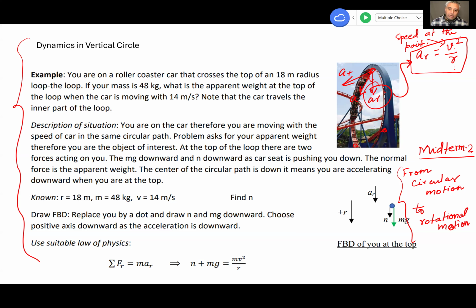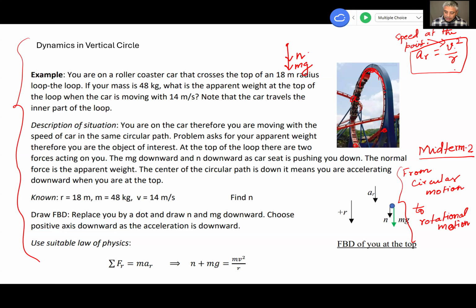Okay. So now how do we solve a problem when something is moving in a vertical circle where speed may be changing? Just like solving any dynamics problem, you need to draw a free body diagram, and that's what I'm doing here. So here the roller coaster is on the inner part of this track, so that's why the normal force is down, and of course mg is always vertically down, but in this case the normal force is also down.